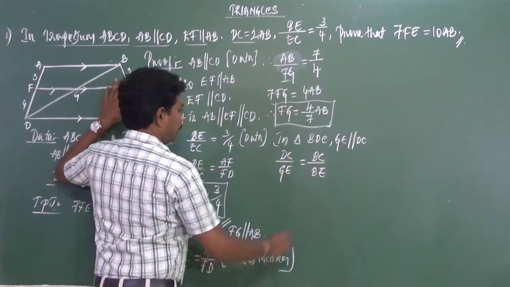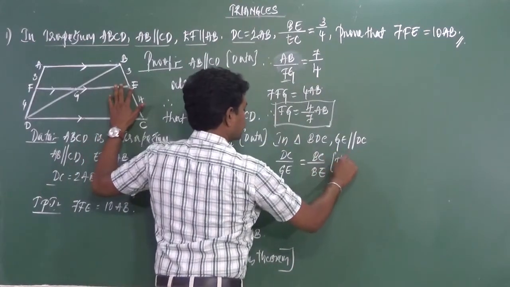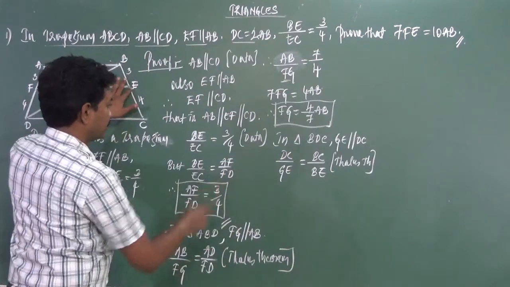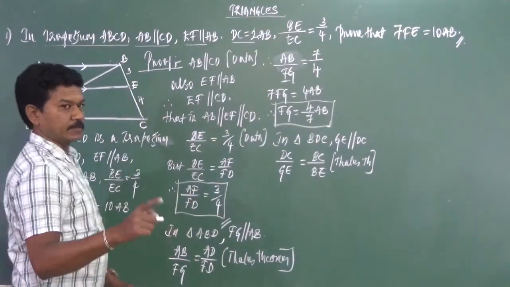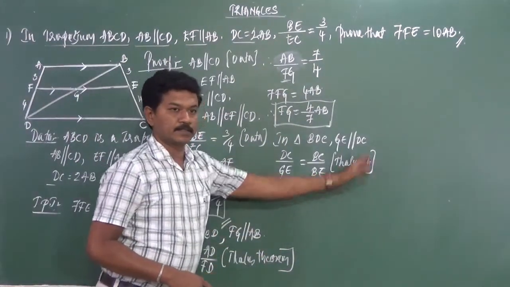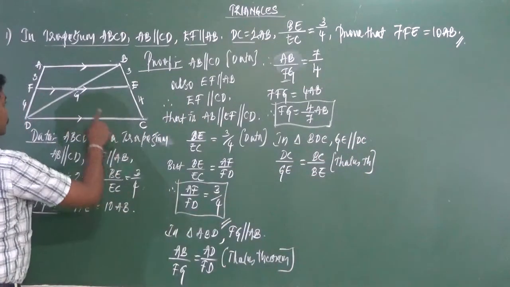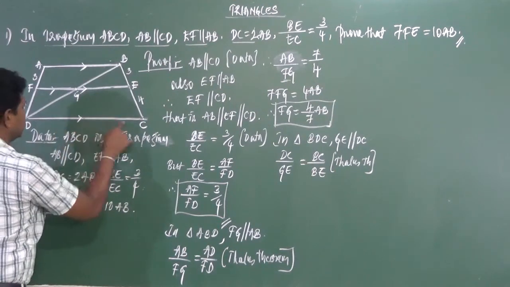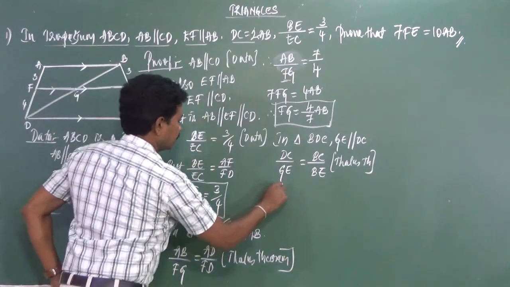BC by BE. This is according to Thales theorem. There is less space, so I am not able to write the full form. In the classwork, please don't write like this. Write the full form. Now I will write how it is. That is DC by GE ratio, I will maintain that.